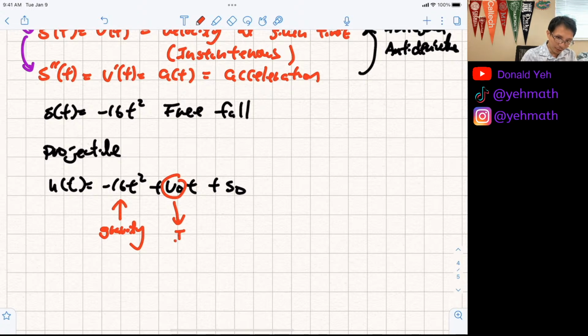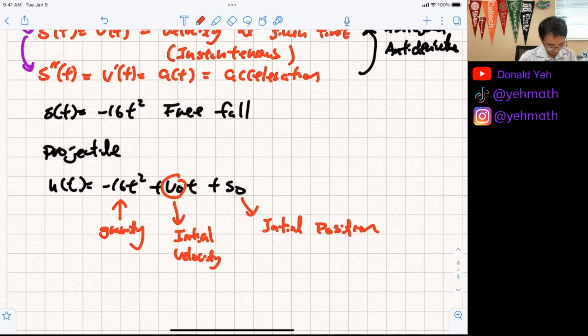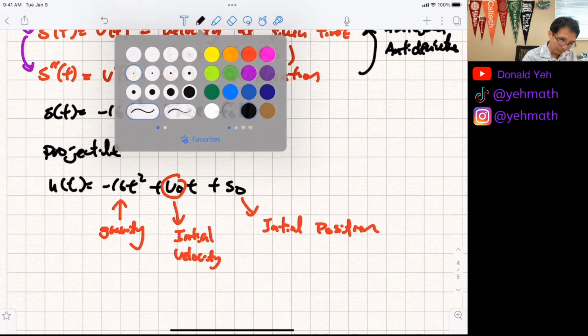So v0 is the initial velocity, and s0 is called the initial position. Okay, so you can have this situation come up.